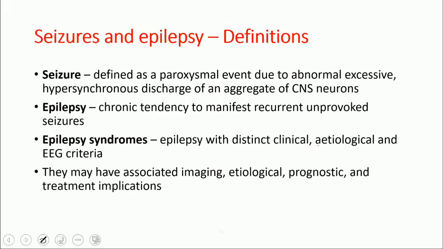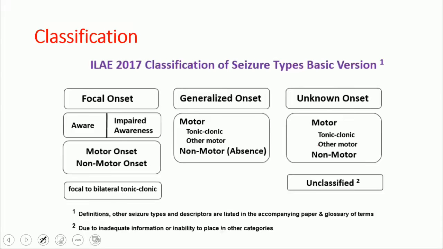Epilepsy is recurrent seizures, and these are unprovoked. There is no trigger like hyponatremia or hypoglycemia. An epilepsy syndrome is a broader definition which includes age of onset, a distinct clinical manifestation, and there might be an etiology, genetic changes, EEG and MRI changes.